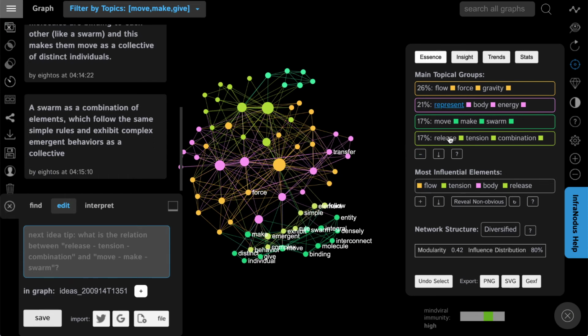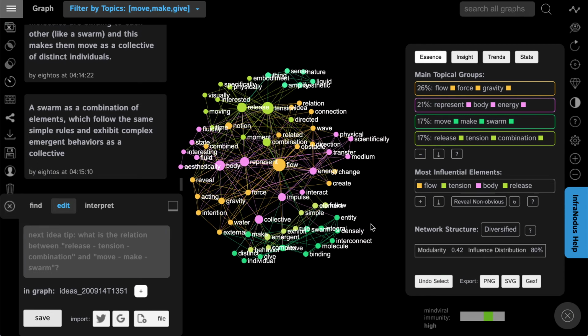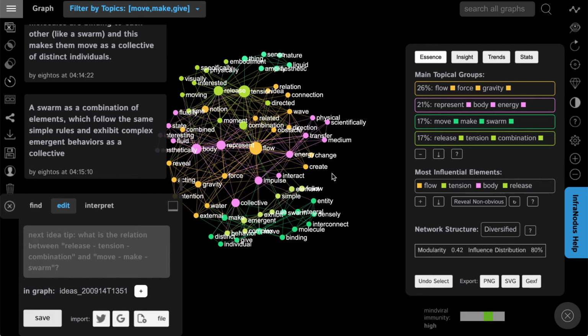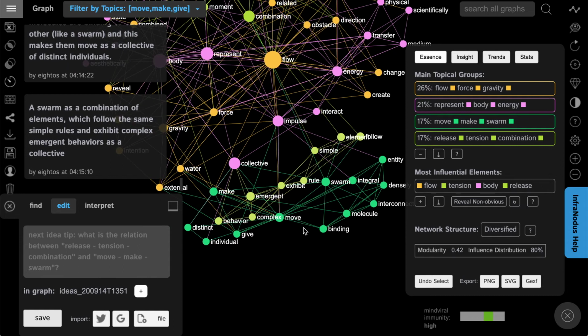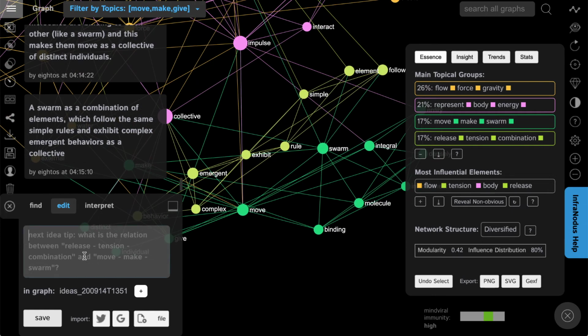So then we can again undo the select here so we can see all the nodes and then explore a little bit more this topic here, swarm rules. So for example, what rules can make a swarm move as an entity and exhibit liquid pattern?